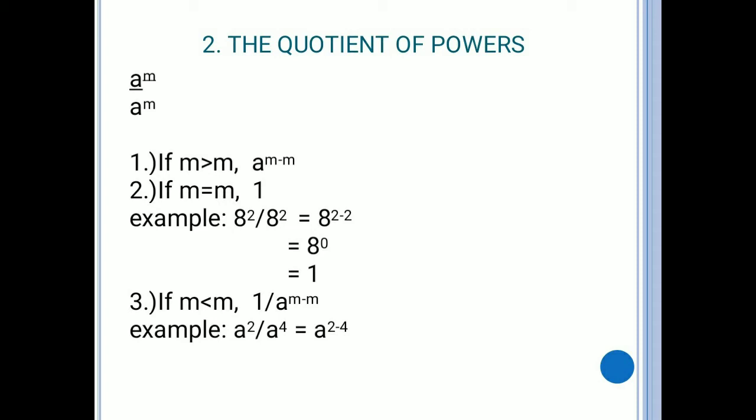So, a raised to 2 minus 4, which is a raised to negative 2. Dahil nga hindi pwede na meron tayong exponent na negative, so ang gagawin natin ay reciprocal na nga. So, 1 over by a raised to 2. So, yun na yung answer natin. Magiging positive na yung exponent kapag nagawa na natin ang reciprocal.